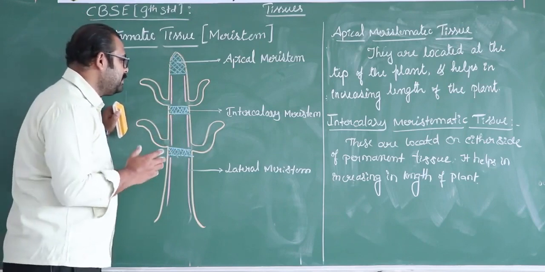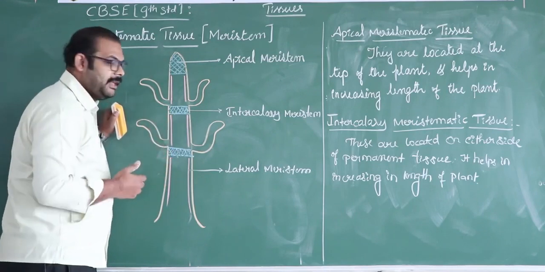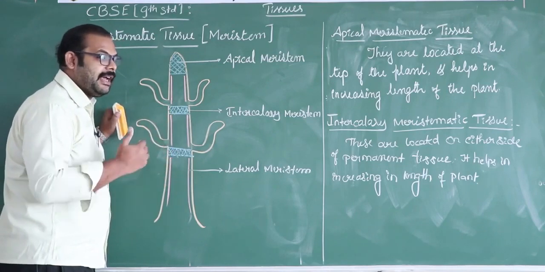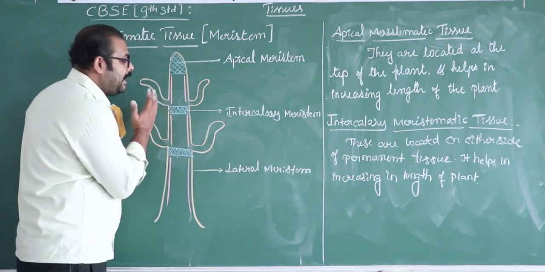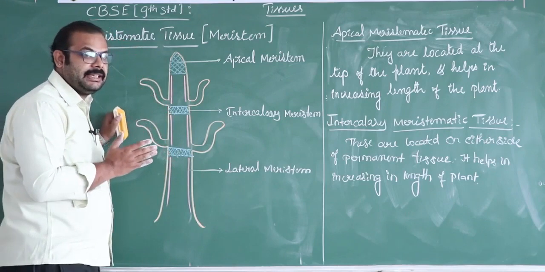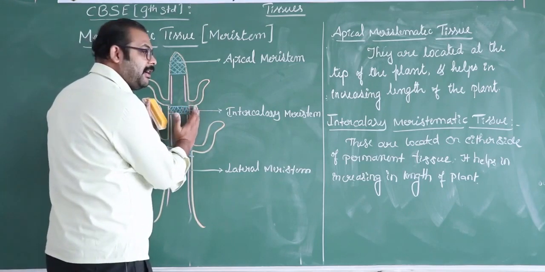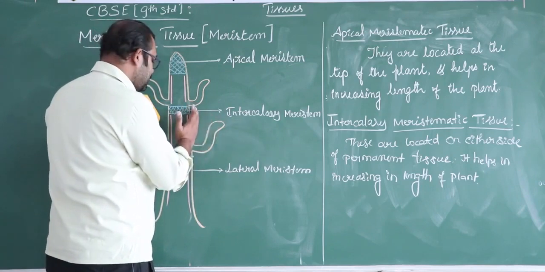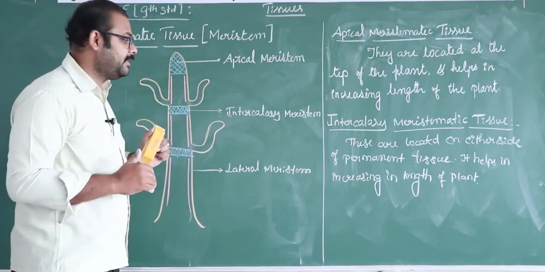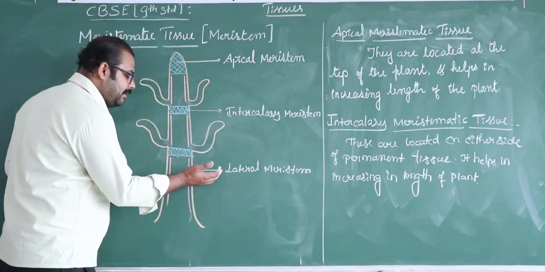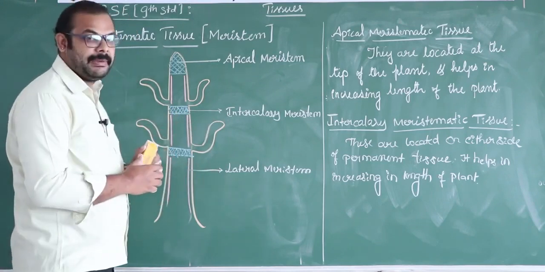As the plant grows, later the lateral meristem appears, and as it undergoes division and produces more cells, it helps in increase in the thickness or girth, meaning the diameter. After dividing in the lateral way, they start expanding, and as they expand the diameter also increases, right? That's why they are called lateral. They are present along the length of the plant body.